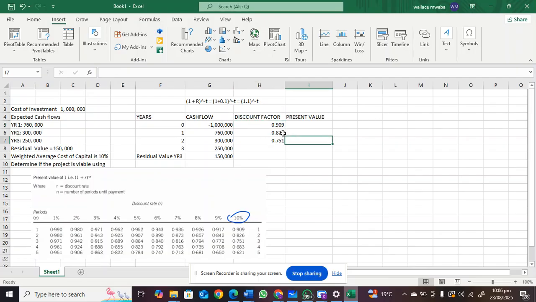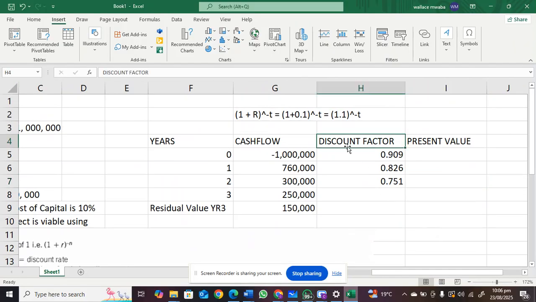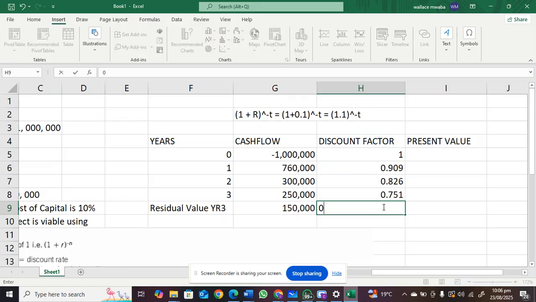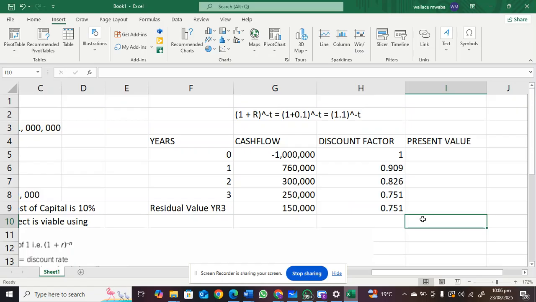So let me move these. Year 0, the discount factor will always be 1. Okay, colleagues? It's always going to be 1. And then for the residual value here, it's still year 3, so 0.751. Okay. These are our discount factors.